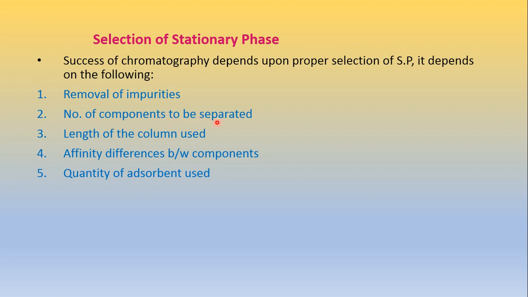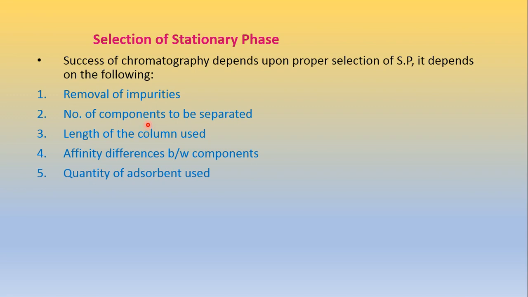Number of components to be separated, meaning whether the number of components in our sample is high or low, and on that nature of the sample we choose our stationary phase.